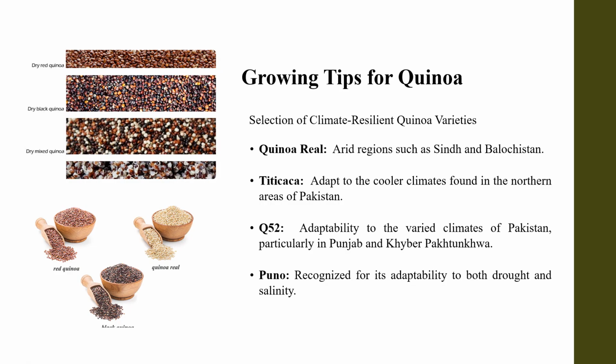Titicaca can be used as it has the ability to adapt to cooler climates, for example, northern areas of Pakistan. Q52 has adaptability to varied climate conditions of Pakistan, for example, Punjab and Khyber Pakhtunkhwa, and Puno are suitable for drought and saline soil climate situations.